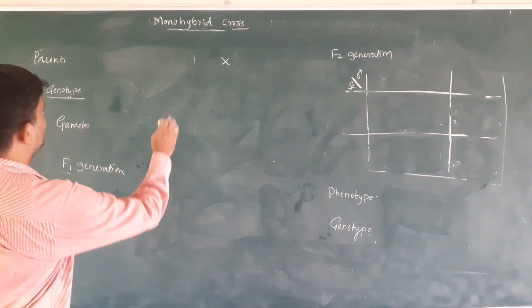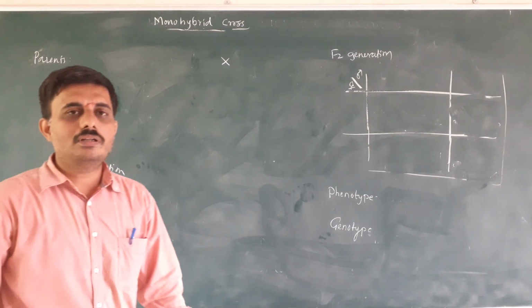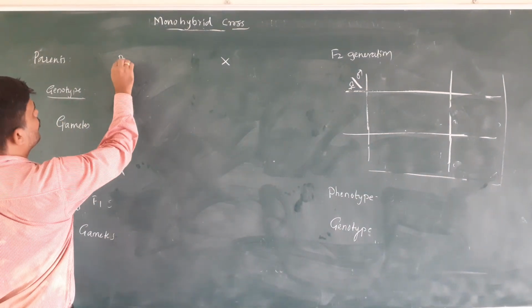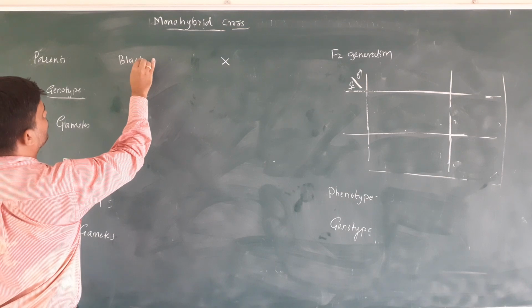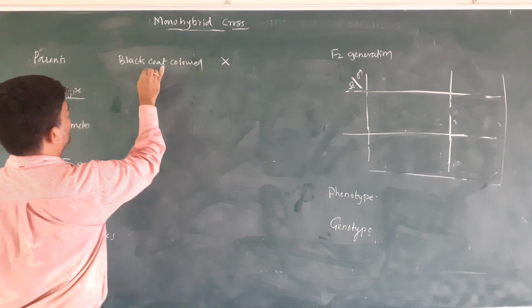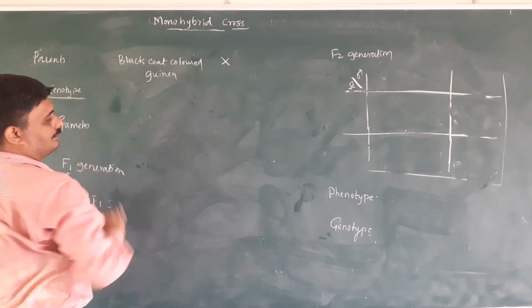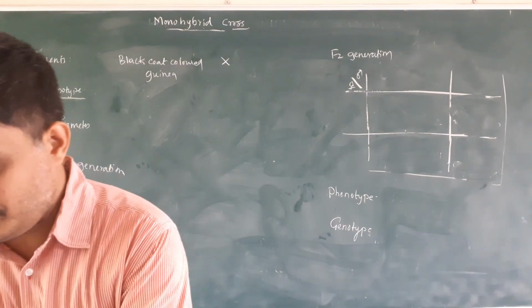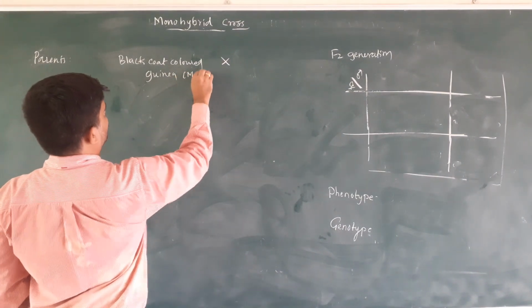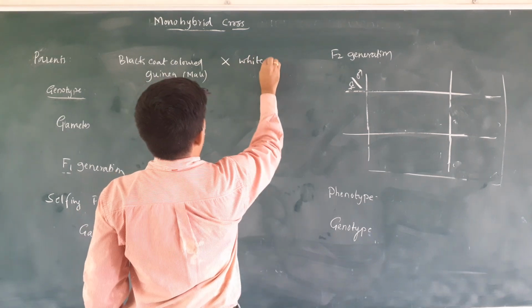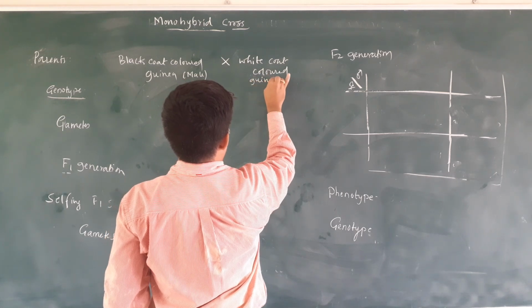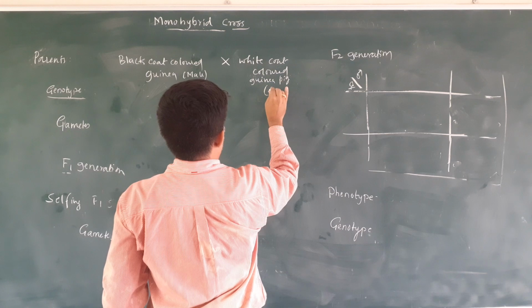Consider the coat color in the guinea pig, which shows two contrasting traits. A black coat colored guinea pig, a male, is crossed with a white coat colored guinea pig, a female.